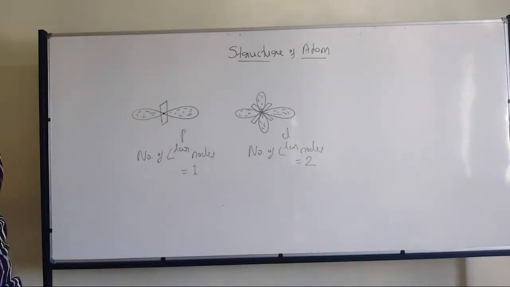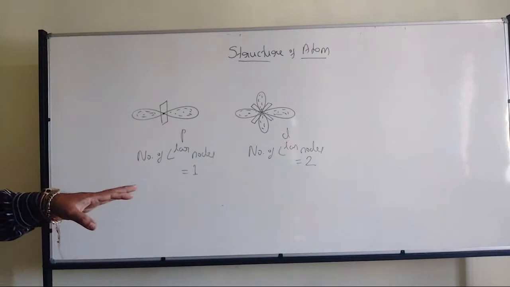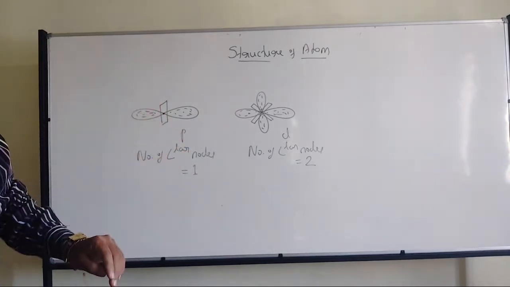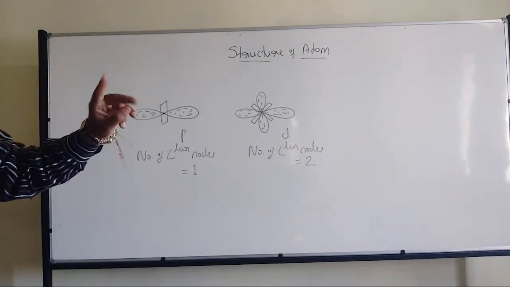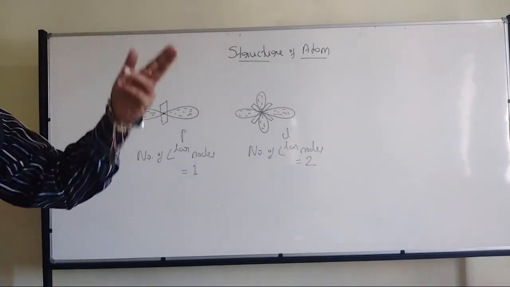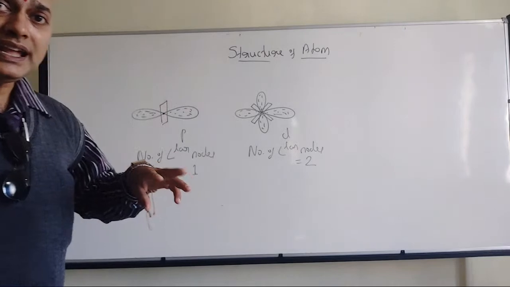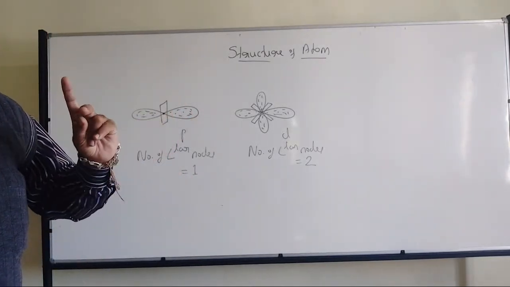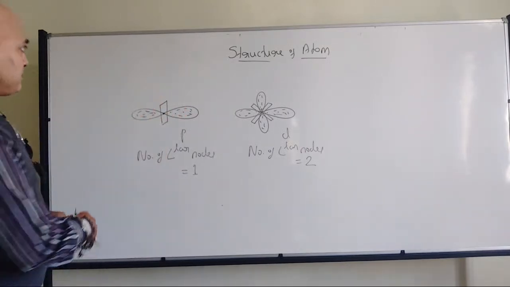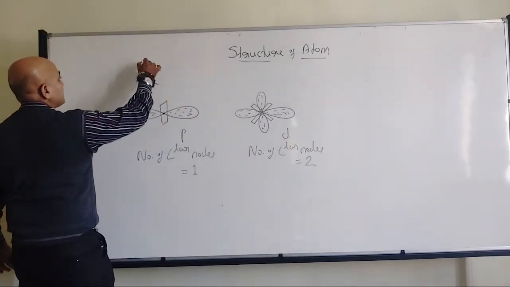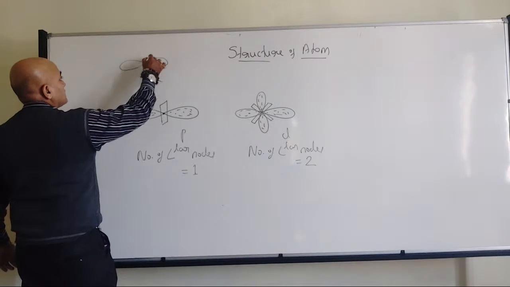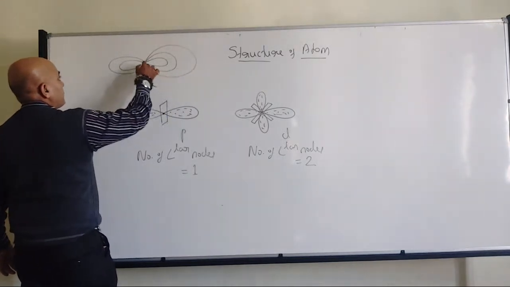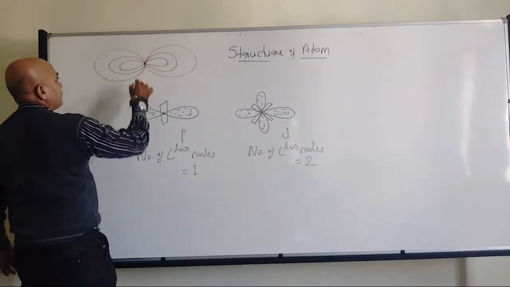All of you have understood? But the radial nodes number may vary. For 2p there are no radial nodes, but for 3p it will be 1 radial node, and for 4p it will become 2 radial nodes. Try to understand. This is for 3p. If I go much larger, then it will become 4p.